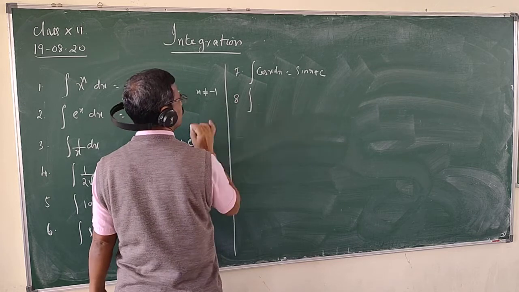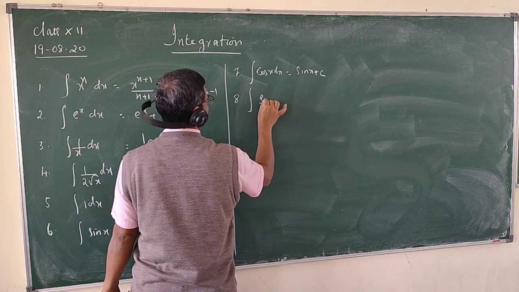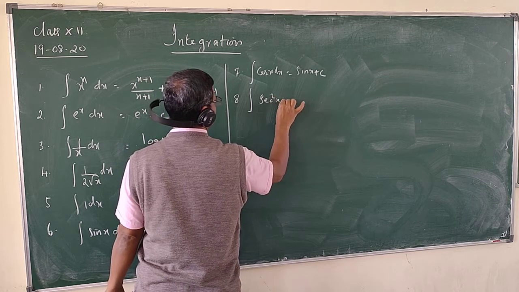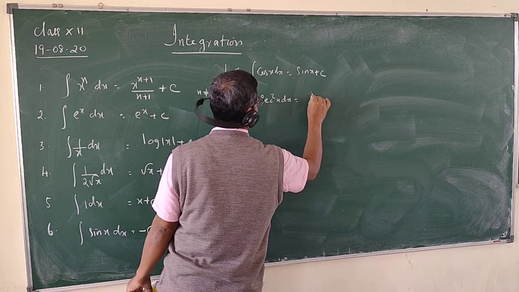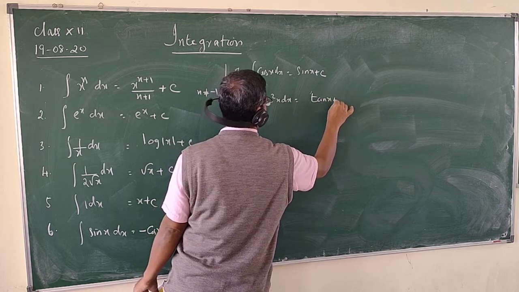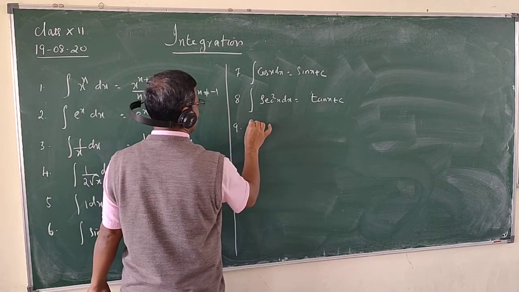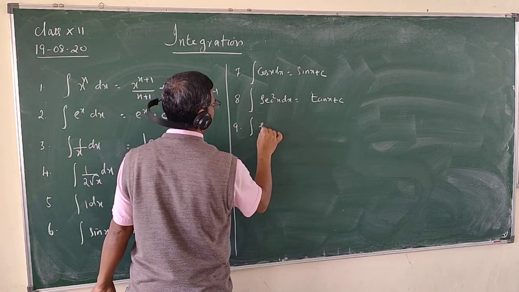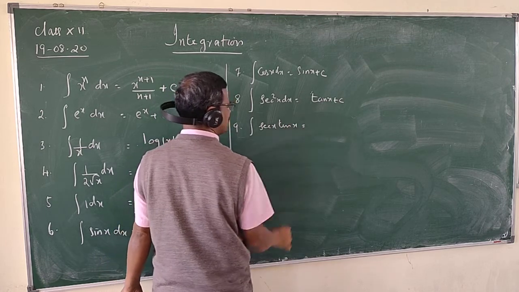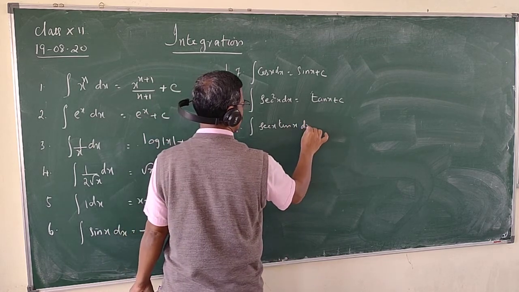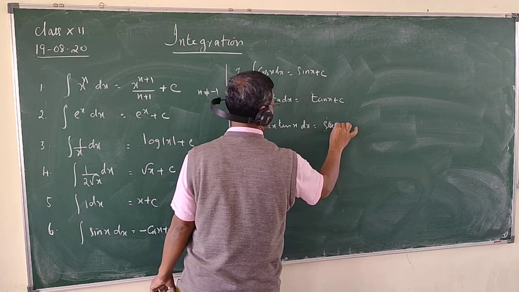Then integral of secant square x is equal to tan x, because tan x derivative is secant square x. Then integral of sec x tan x. Derivative of sec x is sec x tan x. So integral of sec x tan x is equal to sec x plus c.